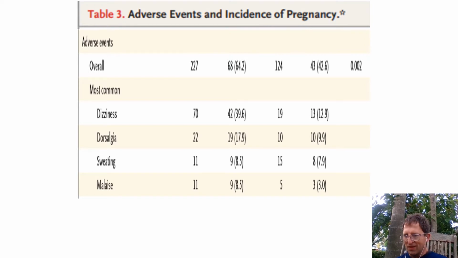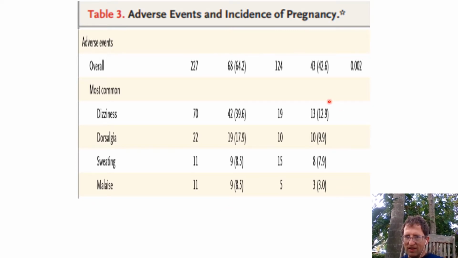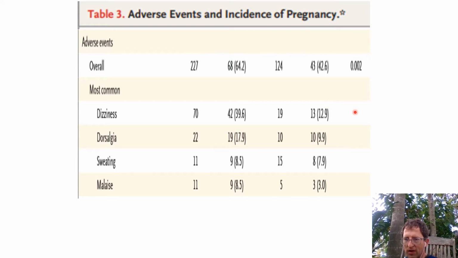Then you look at the harms that are demonstrated in the paper. In this case, the side effects are here, and this is where you can do your number needed to harm. Let's look at dizziness: 39.6% in the pregabalin group, 12.9% in the control. 39.6 minus 12.9 is roughly 26.7.